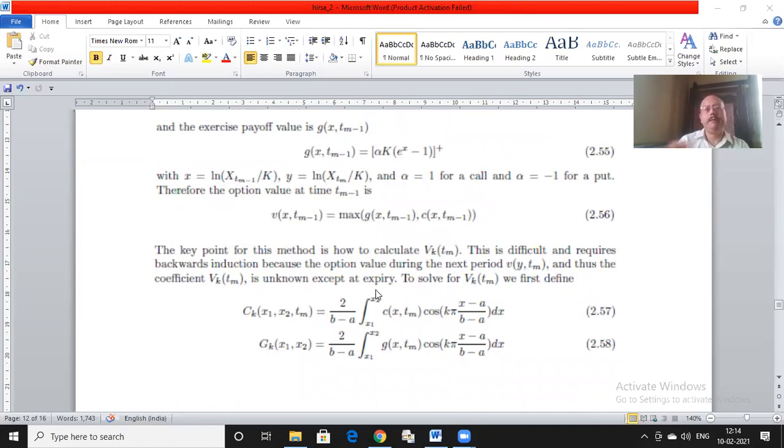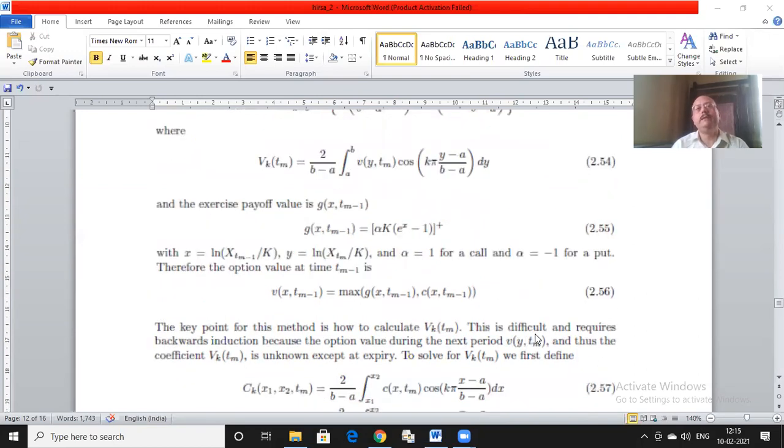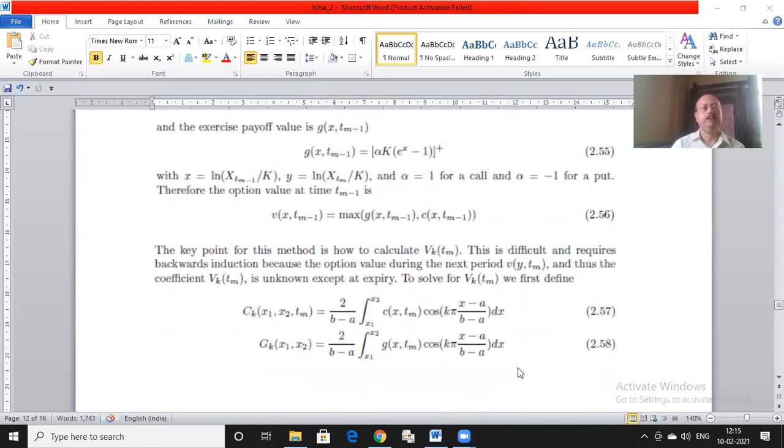If I am at expiry, then I actually know what the value is and I can calculate the coefficients directly. But otherwise, there are too many possibilities and it is not possible to compute. So we will use backward induction.